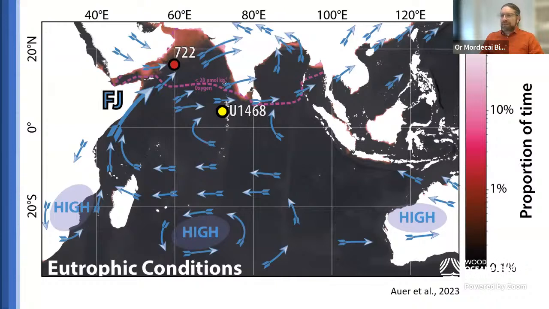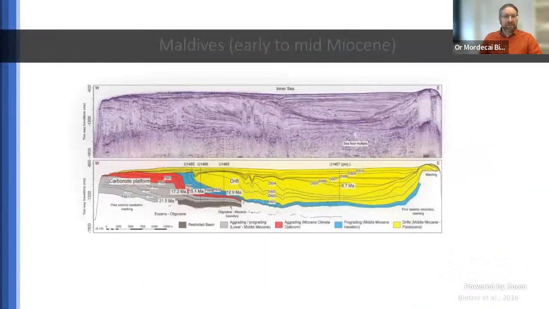And in this talk, I'm going to be talking mostly about two sites, site U1468 in the Maldives and site 722 in the Arabian Sea. And I want to use these sites to try and tell the story of how the modern oxygen minimum zone came to be, how it interacts, and how it interfaces with different types of productivity in the Indian Ocean. So let's start in the Maldives.